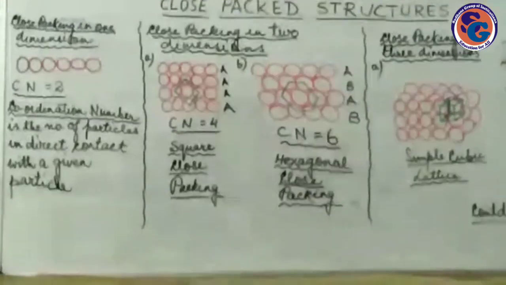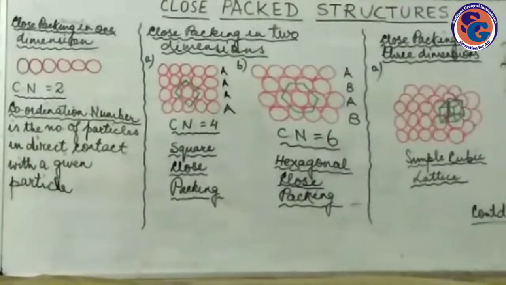Now, how is this arrangement done? The arrangement is done in such a way that the spheres of the second row are exactly above the spheres of the first row. And so, the arrangement results in every particle having 4 neighboring particles with which it's in direct contact.